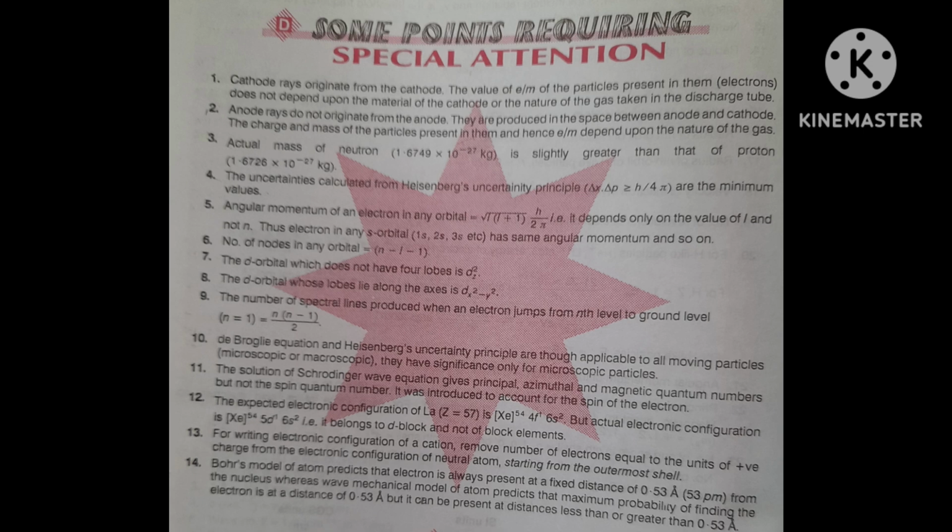Next point: the expected electronic configuration for lanthanum, La, where Z is equal to 57, is xenon 54 followed by 4f1 6s2. The last two orbitals are 4f1 and 6s2.